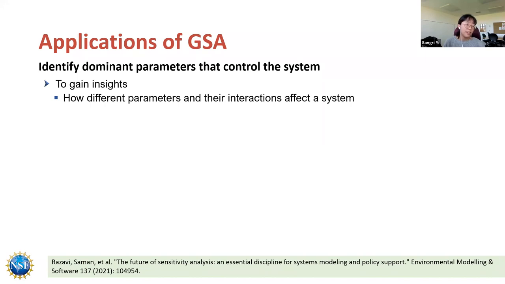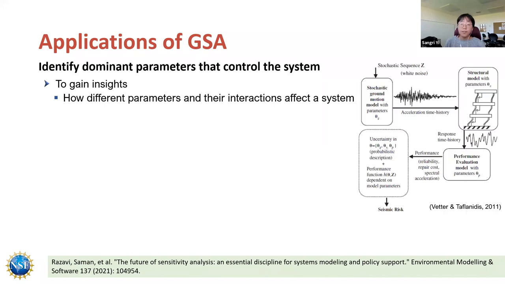As one fundamental application, you can use it to gain insight on your system. For example, if you have a nice model that simulates the propagation of ground motion through a structure and assesses the seismic risk, then there will be a lot of parameters associated with each step. And maybe you want to identify how the parameters and even their interactions affect the system.